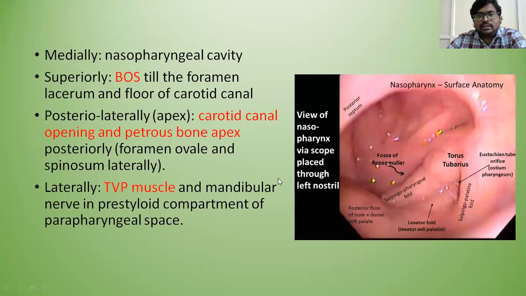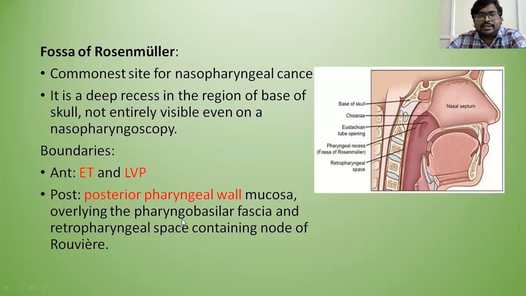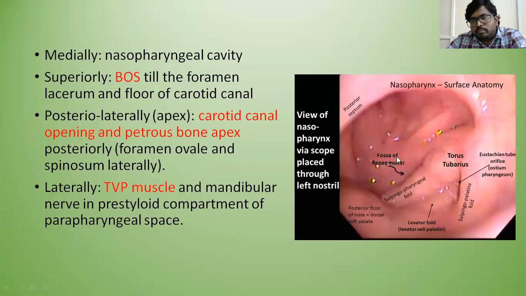Anteriorly, the fossa of Rosenmuller is bounded by the eustachian tube orifice and levator veli palatini. Posteriorly, it is covered by the posterior pharyngeal wall mucosa.